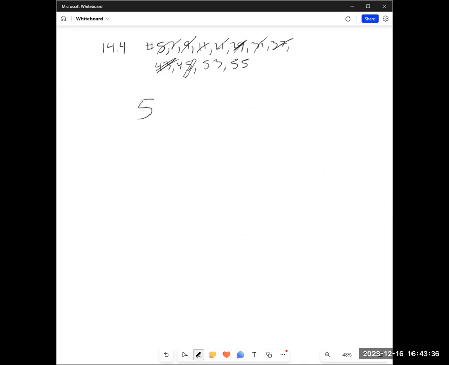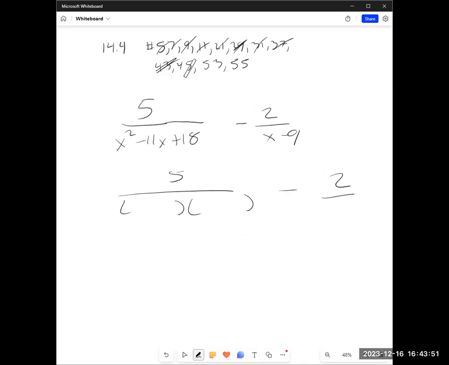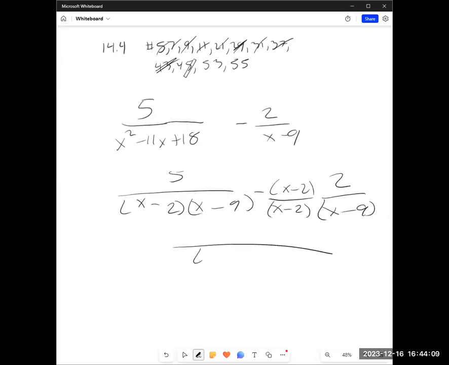Then we have 5 over x squared minus 11x plus 18 minus 2 over x minus 9. 5 over, and then this is going to be x minus 2, x minus 9. Multiply by x minus 2 over x minus 2. It's going to give me a common denominator of x minus 2, x minus 9.